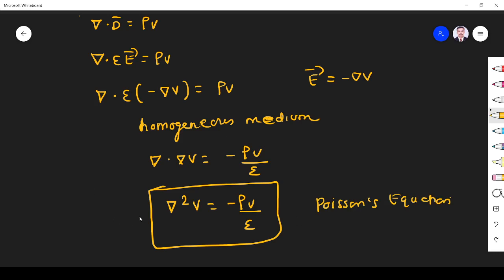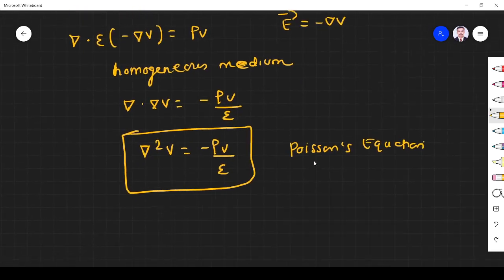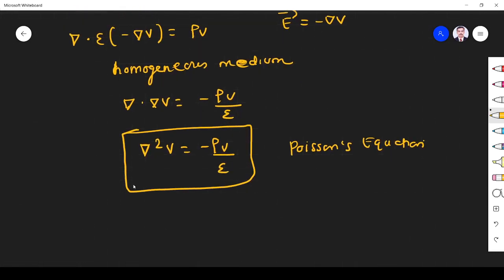This equation can be used if we know the volume charge distribution. Clear? Now if we make rho V zero, that is in free space, we know that in free space rho V is equal to 0 because there is no charge in free space. So if there is no charge, there is no volume charge density.